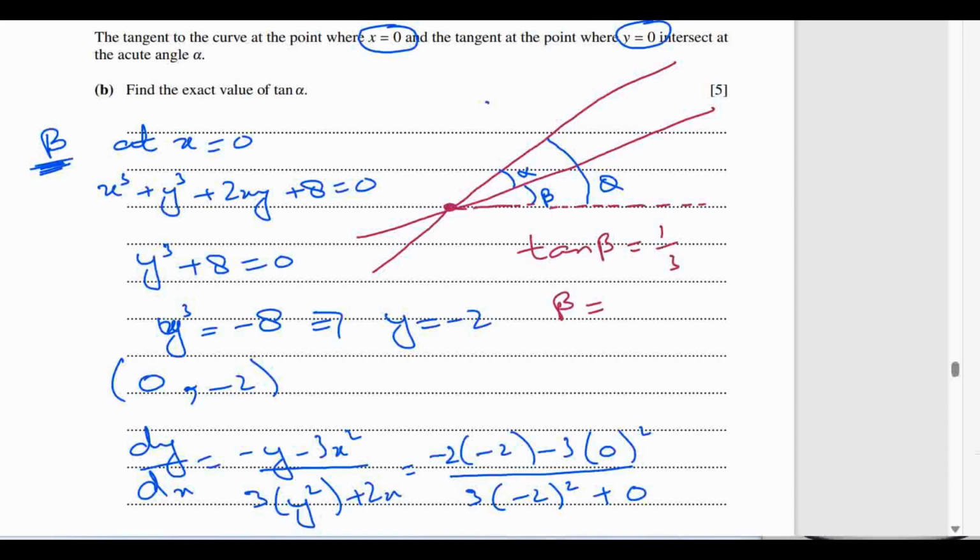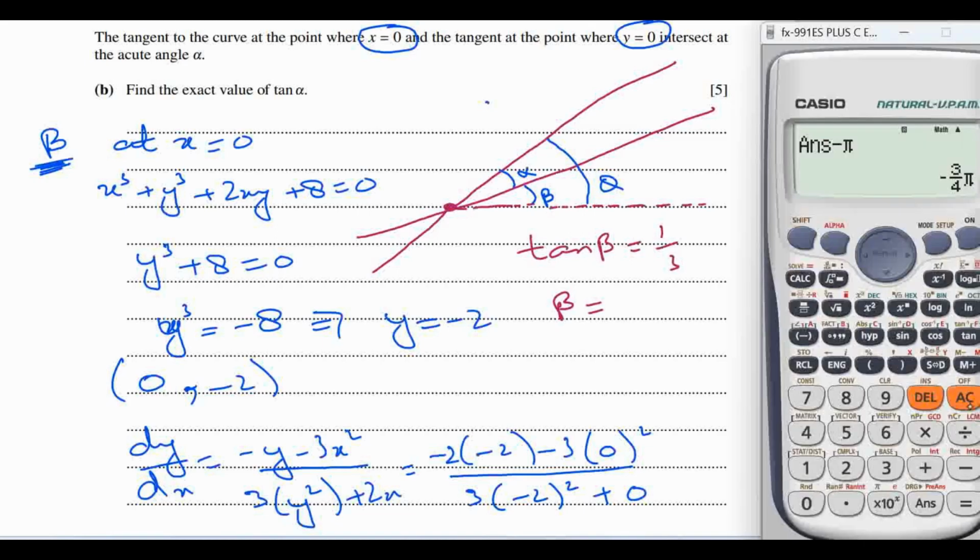So beta angle will be equals to shift tan inverse of 1 by 3, bracket close. So this will be equals to 0.321. Okay, this was the angle beta.